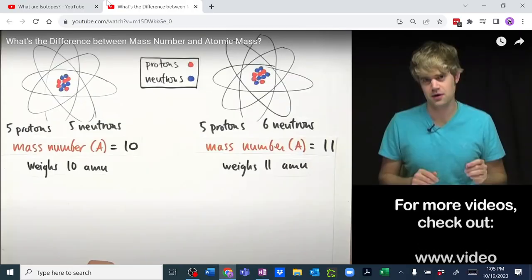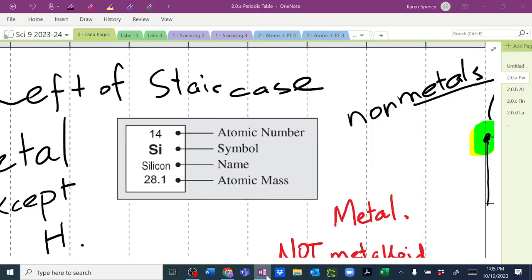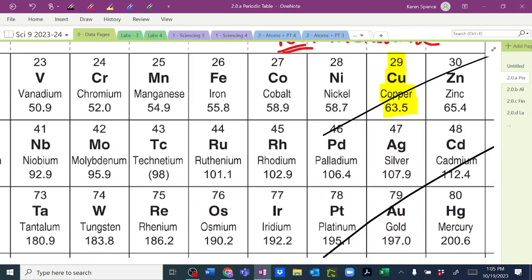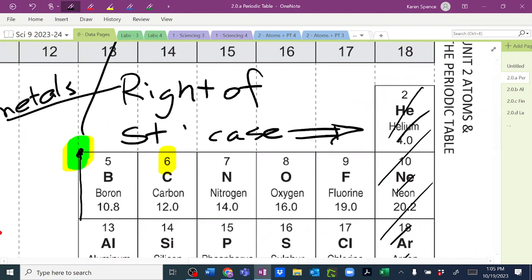Boron, because if we go to our periodic table, our atomic number tells us the number of protons. So if we ask who has 5 protons, that would be boron. So that's how you identify the element, by looking at the protons, not the mass, the atomic number. Okay, cool.